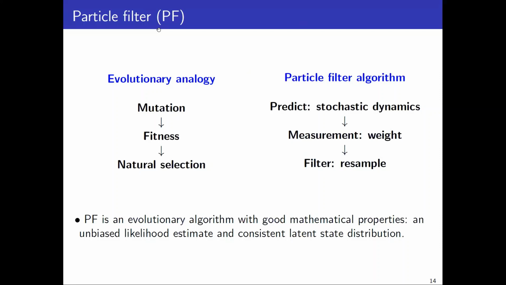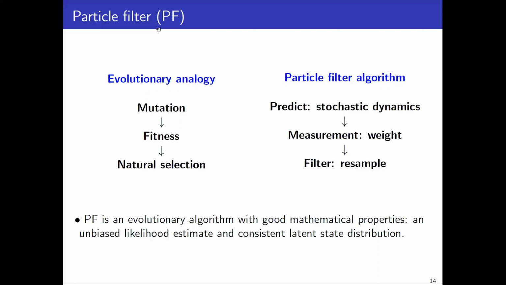So I'm overdue to tell you what a block particle filter is, in case Patricia hasn't explained it adequately to you before. Okay, so to understand a particle filter, sometimes it's helpful to think of an evolutionary analogy. We're used to thinking of Darwinian evolution, where you have mutation and fitness, and then natural selection acts on the fitness.